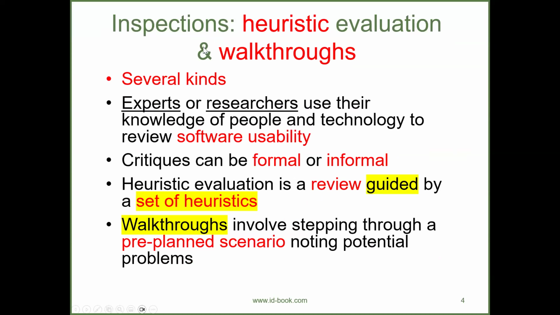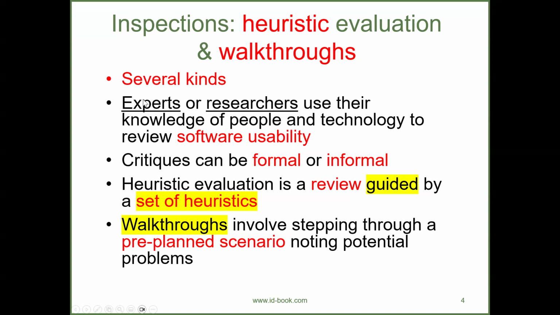Inspections. Now let us see what are the two types of inspections that are commonly used in evaluating a digital product without involving the direct users. The inspections include, first, heuristic and, second, walkthrough. There are several kinds of inspections, out of which we are going to talk about heuristics and walkthrough.